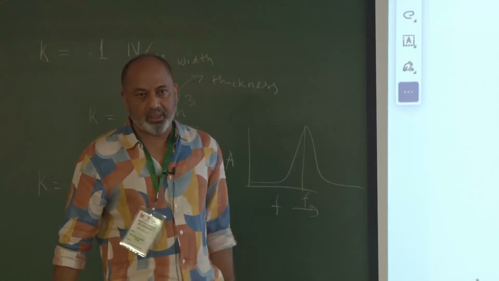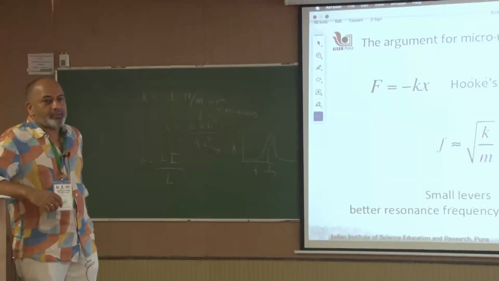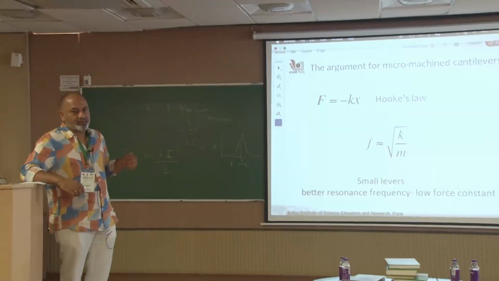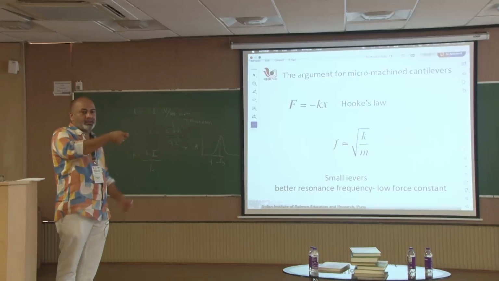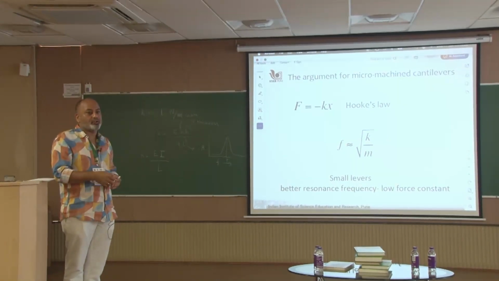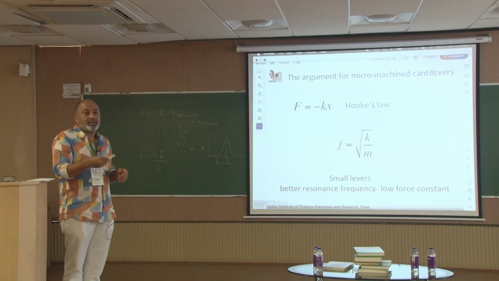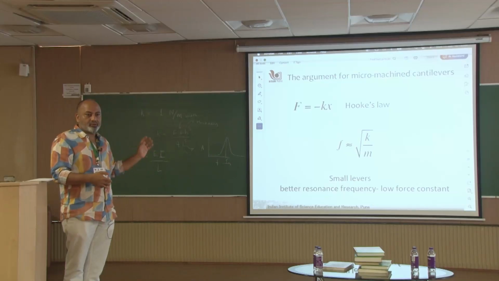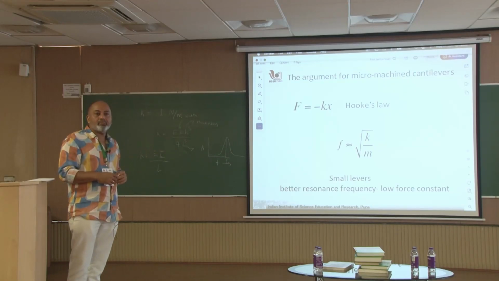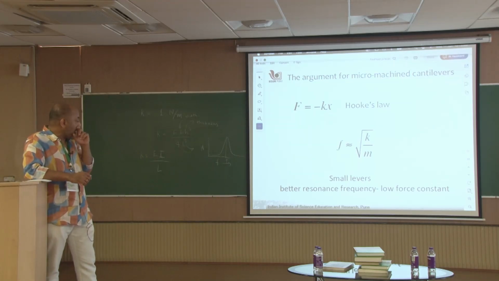If I take a cantilever and bang it, it will start oscillating at its resonance and then slowly die out. But if you oscillate it continuously, the amplitude will be largest at one frequency, that is the resonance frequency, and this is given by root k by m. This is 12th standard physics.